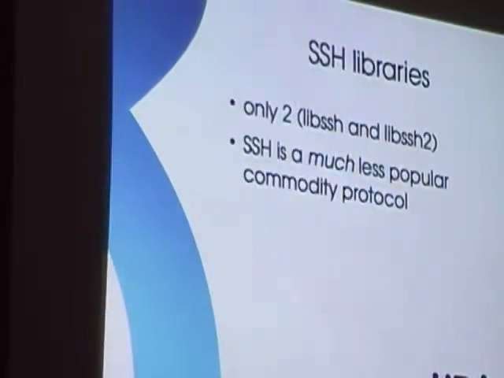SSH libraries are quite not the same, based on the amount of libraries that exist for SSL and the maturity of SSL libraries. As I said, they existed back in 1996 or whatever, 95 when they started.